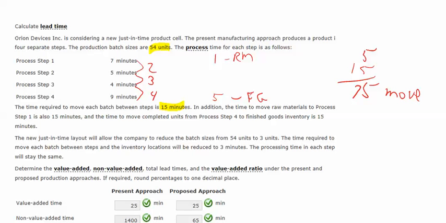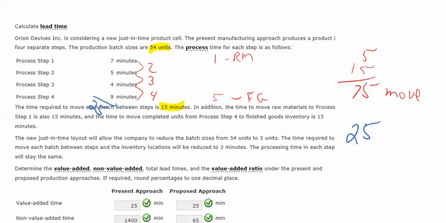In addition to that, we have processing times. We can add those processing times up. If I add this total, 7 plus 5 is 12, plus 4 is 16, plus 9 is 25 minutes. So we have 25 minutes of value-added processing time.